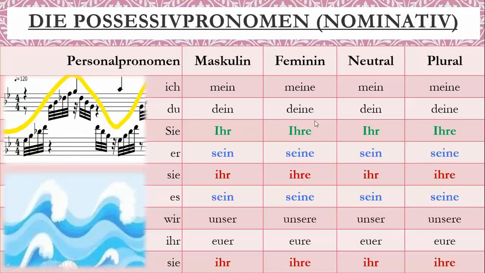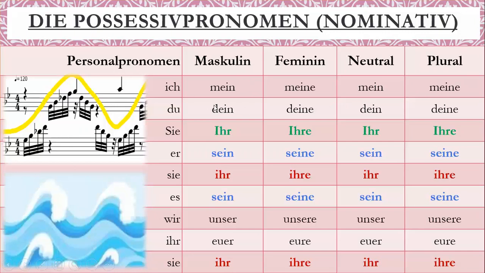As you can see from this table, the possessive pronouns will be declined or will have an ending that will depend on the case used in the German language and the gender of the noun that follows this possessive pronoun.